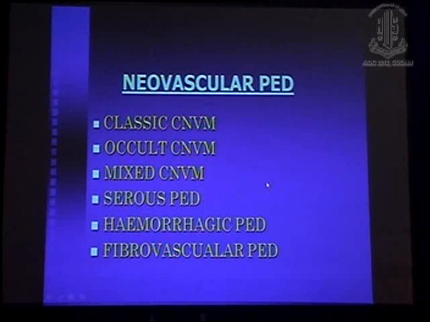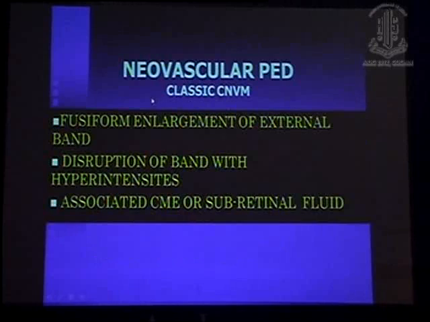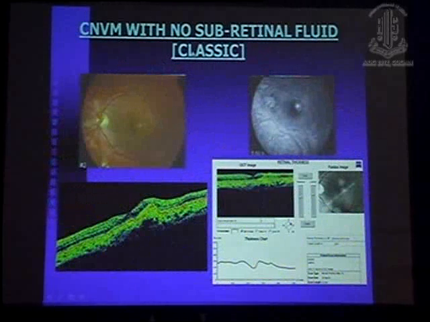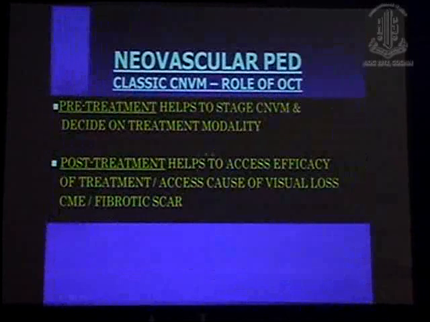But since there is a changeover to anti-VEGFs and more use of anti-VEGFs, we generally don't have to categorize these forms, but still it is important to know what we have on hand. So if you see a classic CNVM, it appears as a classic fusiform elevation with some disturbance in this layer, and this is a classic case where there is no subretinal fluid seen over there. So then you can decide on what treatment you want to do accordingly.